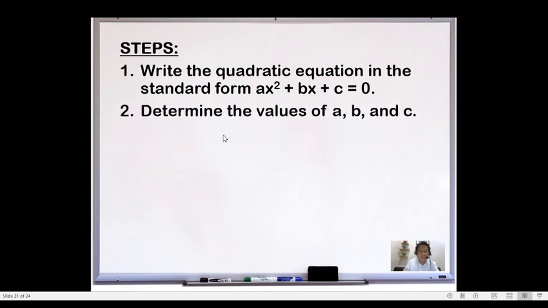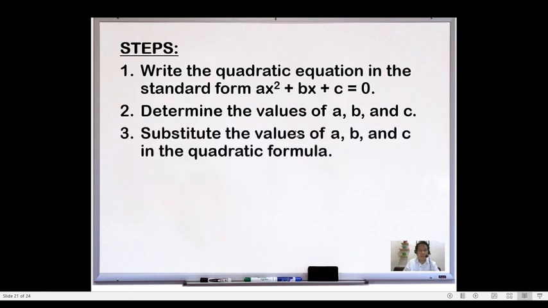The second step, determine the values of a, b, and c. The third step, substitute the values of a, b, and c in the quadratic formula x is equal to negative b plus or minus the square root of b squared minus 4ac over 2a. And then the last step, simplify the result.